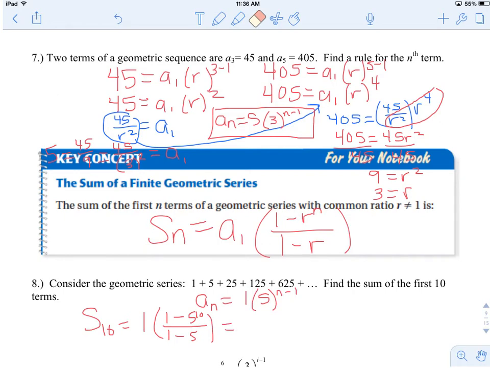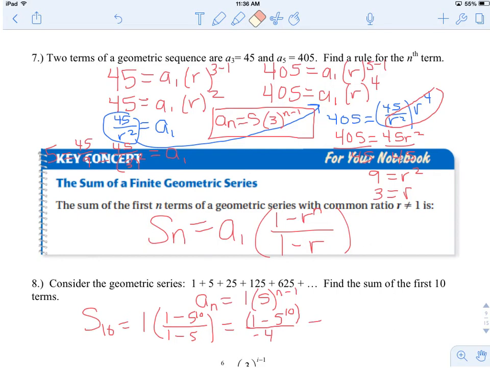I recommend that you simplify the denominator. 1 times anything is just that thing, so the 1 out front can be dropped. Your denominator becomes negative 4, and then I would type this into your calculator exactly how you see it there: 1 minus 5 to the 10th power, put some parentheses around that numerator, and then divide it by negative 4.